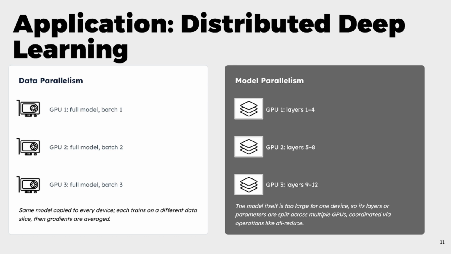Coordinating all of this requires efficient communication patterns, like the all-reduce operation used to average gradients across devices, and it's a huge part of why training the very large models we hear about today is possible at all. Without parallel and distributed computing, the scale of deep learning we see now simply wouldn't exist.